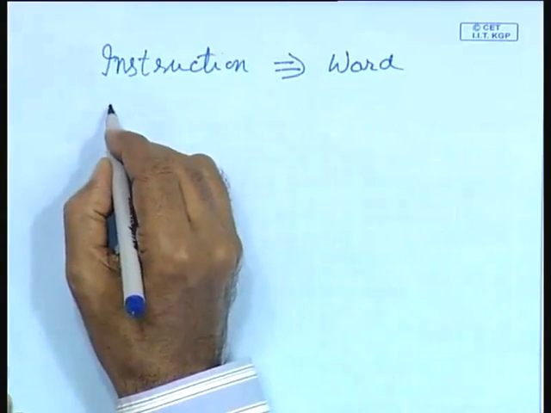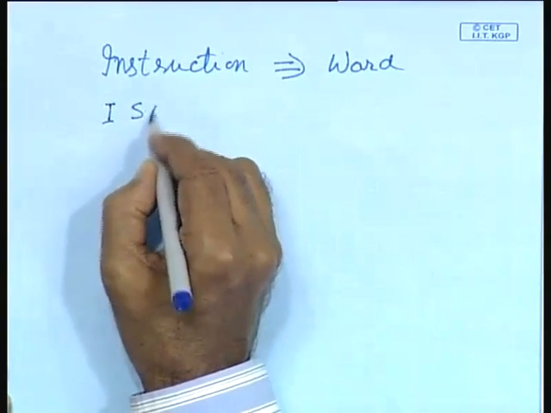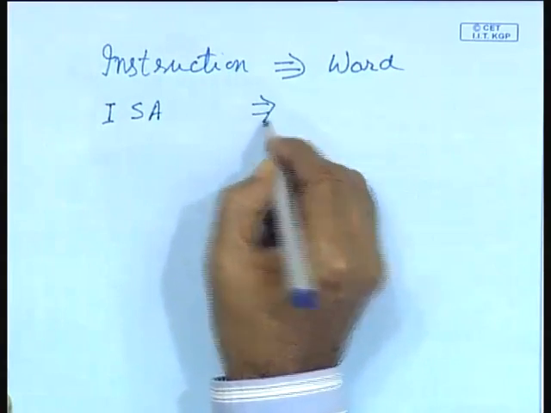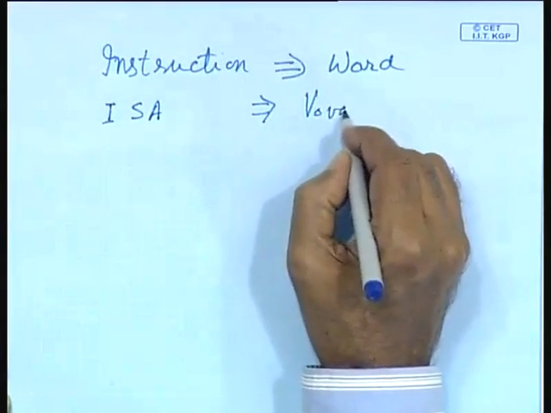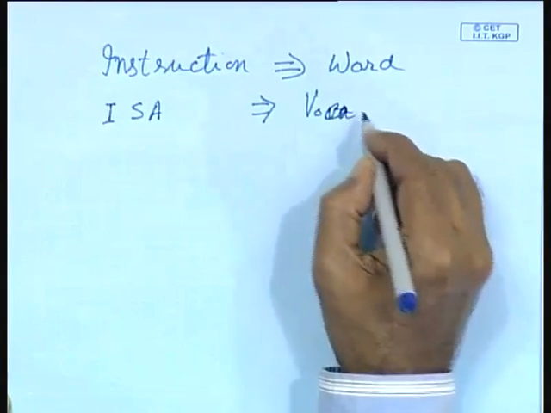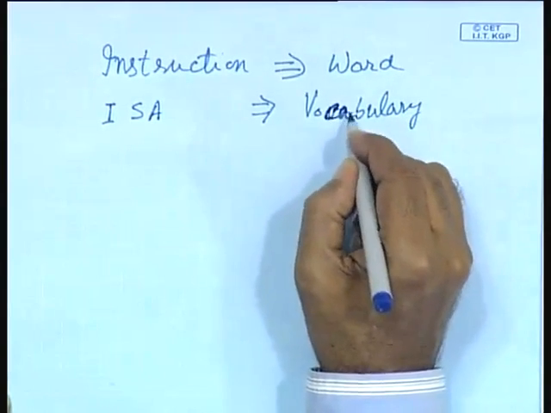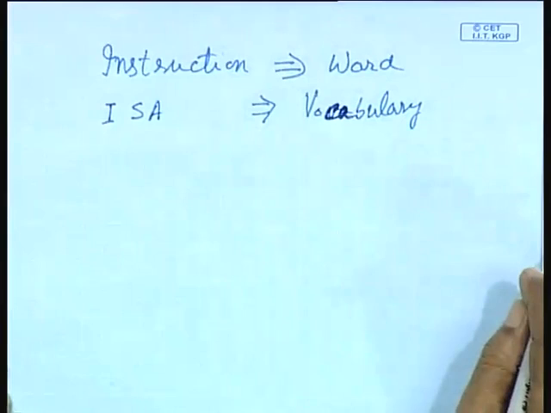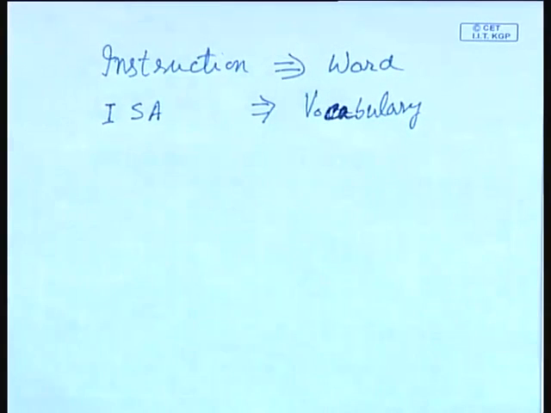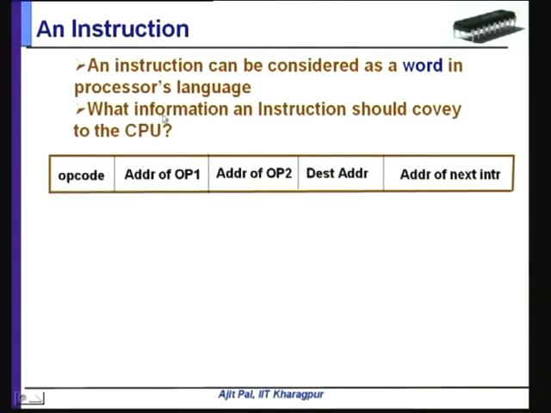Then instruction set architecture can be considered as the vocabulary of what the processor understands. So we can say that an instruction can be considered as a word in the processor's language, and the question naturally arises, what information should an instruction convey to the CPU.